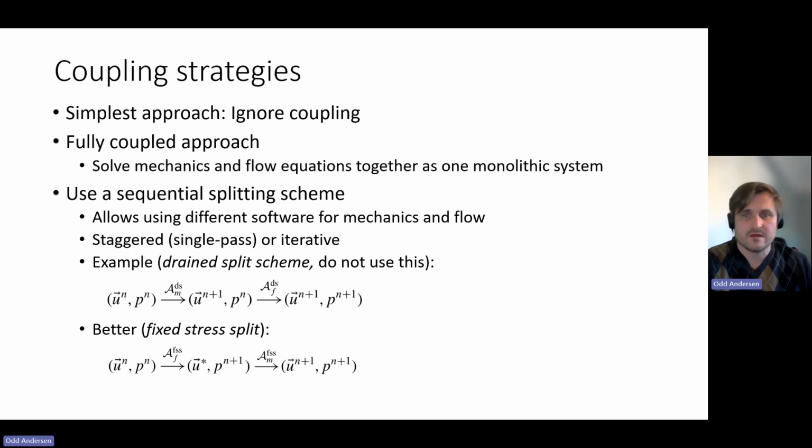There are several ways to do this, and they are not all equally stable. The best approach that I am aware of is the fixed stress split method, where you first solve the fluid equation under the assumption of constant stress, and then the mechanics equation.